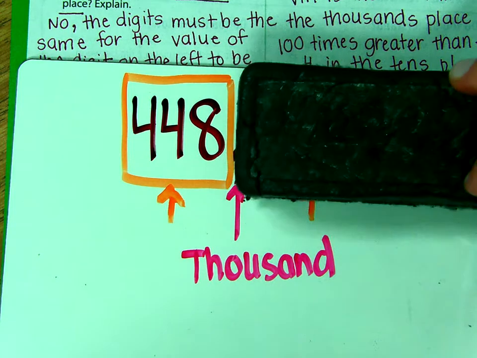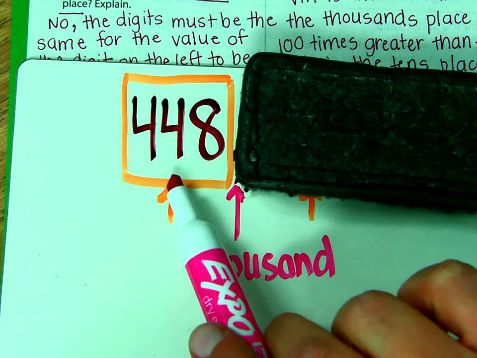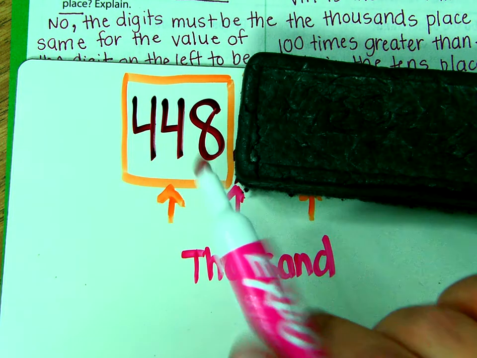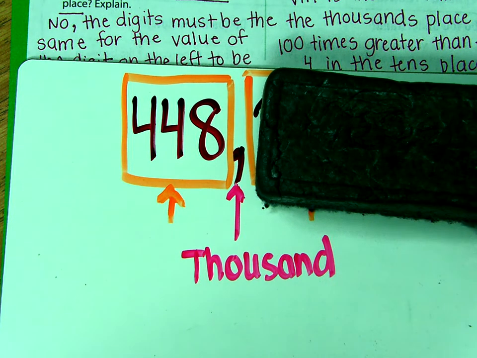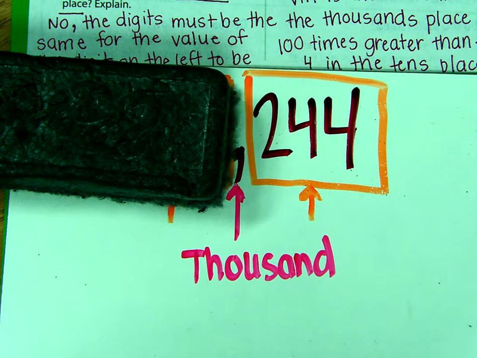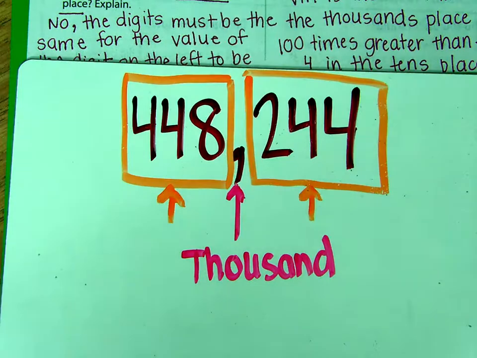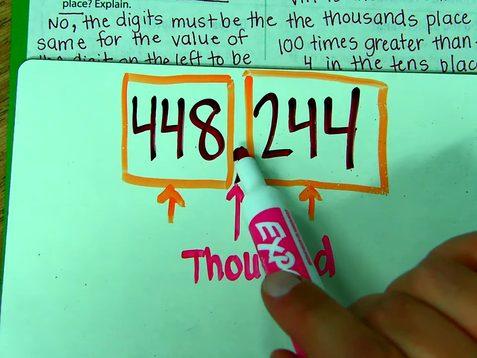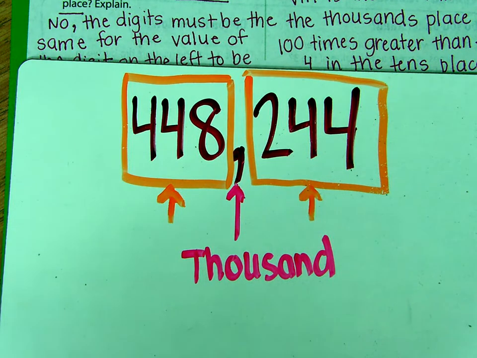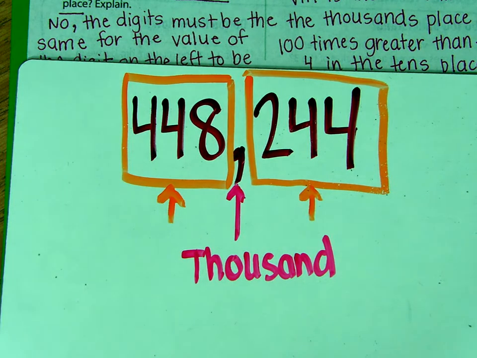Easy number first. 448, 1,000, 244. 448,244. You got it.